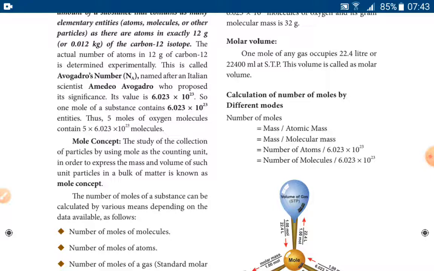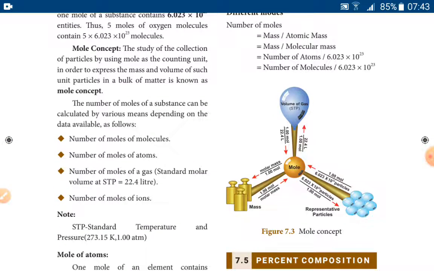So the mole concept is the study of a collection of particles using the mole, and there are different methods to calculate the number of moles in the given substance using the given details.